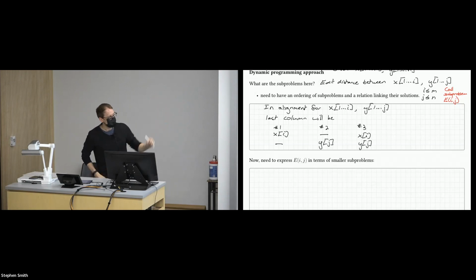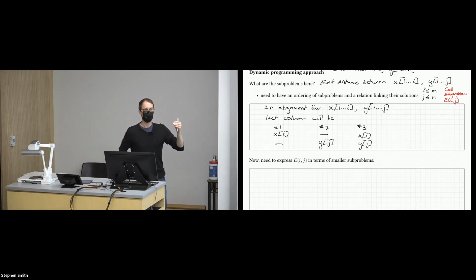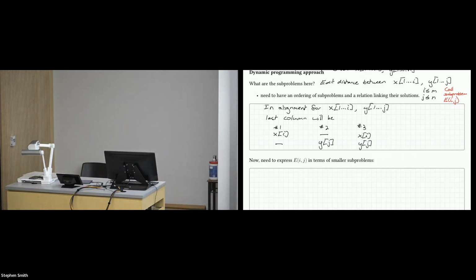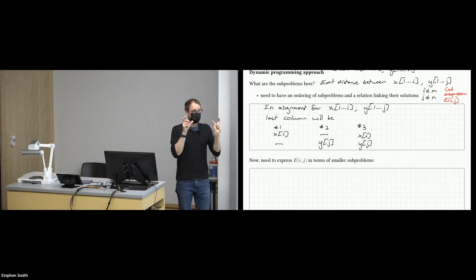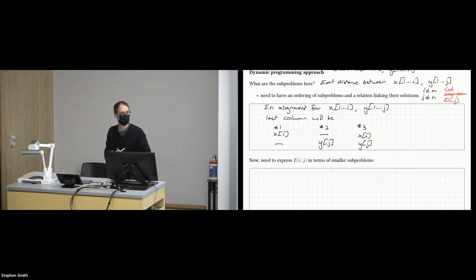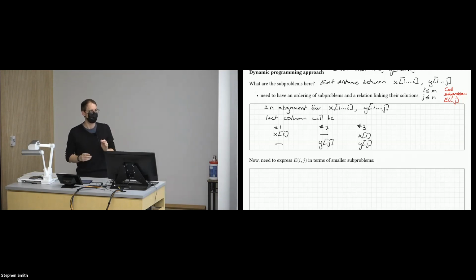In the third case, it's x from 1 to i minus 1 aligned with y from 1 to j minus 1, plus a cost of 1 if these two characters don't match, or a cost of 0 if they do match, because I don't know yet whether those might match or not. Those are my three possible ways to do the alignment of the last column.